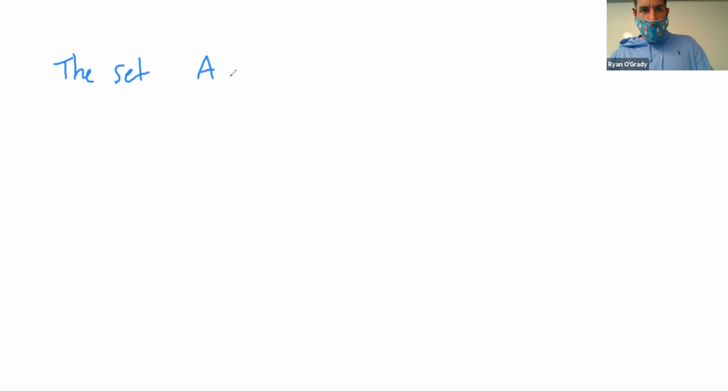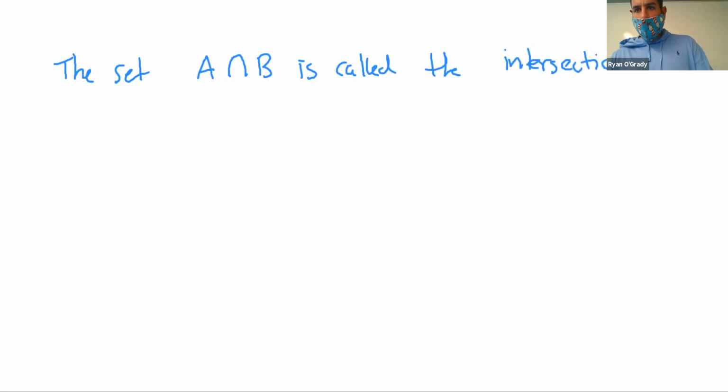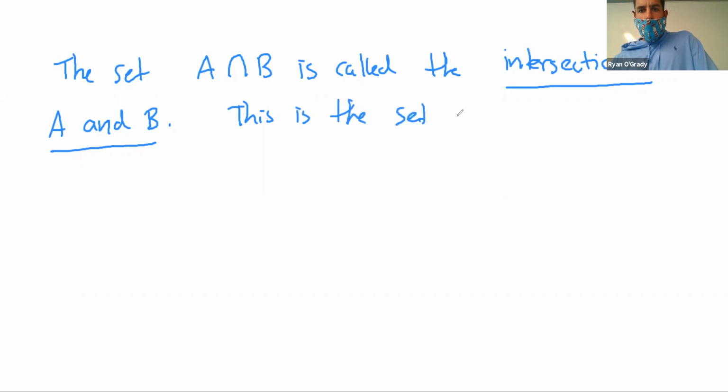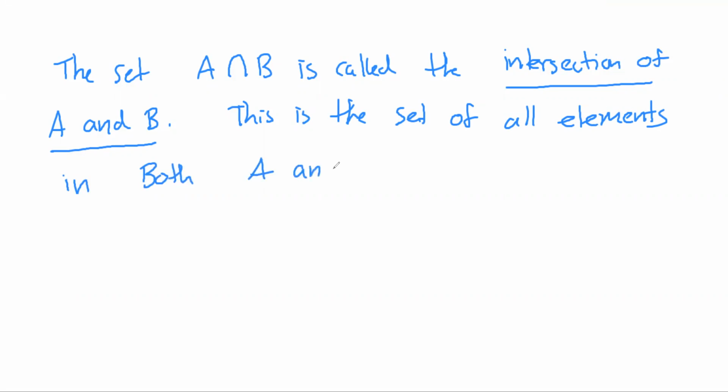So the set A, and then we write an upside down sort of U. So this guy is called the intersection of A and B. So this is the set of all elements in both A and B.